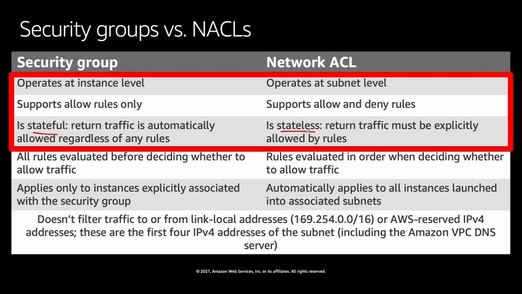That means there is no automatic allow, so you have to have an explicit rule set for both traffics, from A to B and B to A. There is no auto allow rule as we have in the security group.